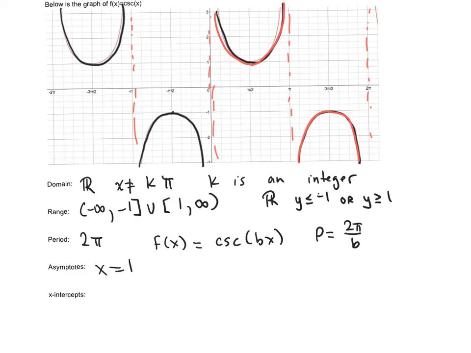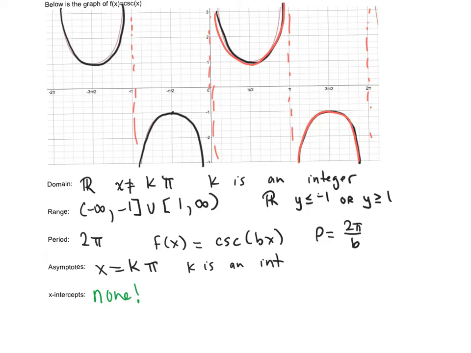This thing has lots of asymptotes, all the spots where it's undefined, which is x equals k pi, where k is an integer. And the x-intercepts are probably the easiest thing because there are no x-intercepts. This thing is always above 1 or below -1, so there are never any x-intercepts.